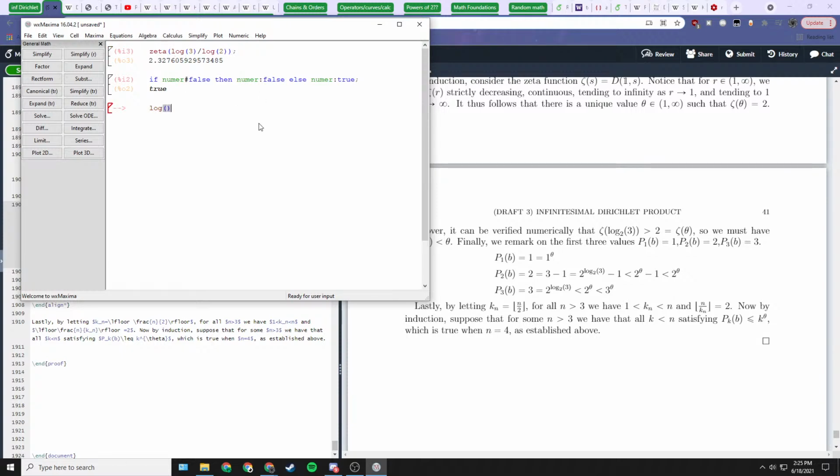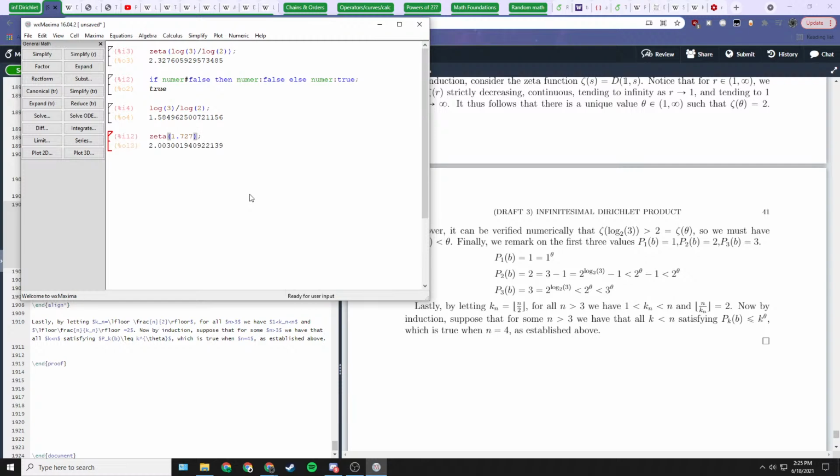By the way, log base 3 of 2 looks like this. It's about 1.58. So our theta is slightly greater than that. Actually, we can figure out, 1.76, oh, that's getting bigger. Yeah, this seems about right.